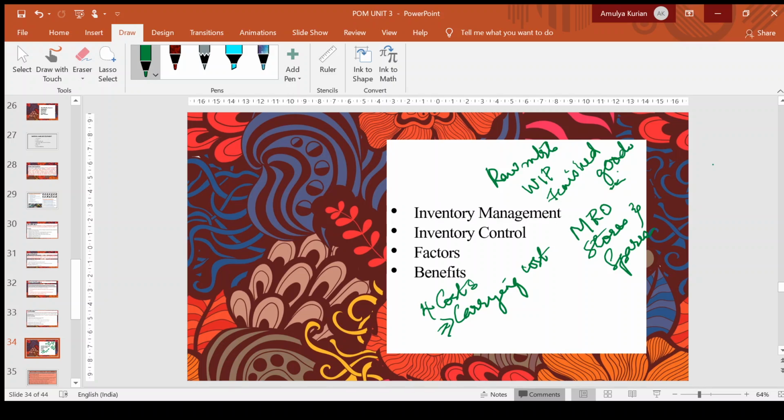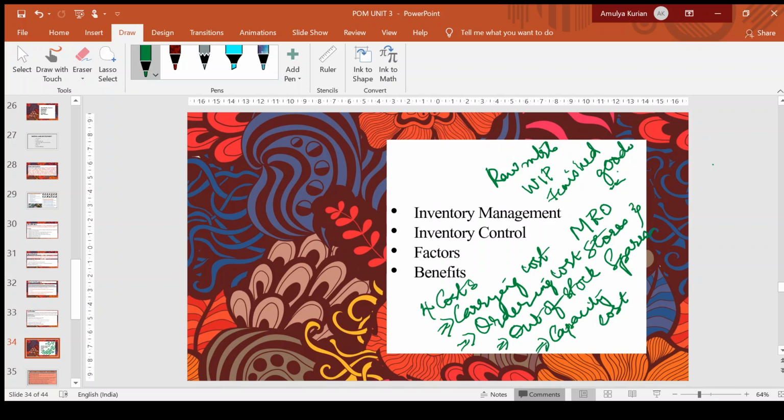Second one is called ordering cost. Third one, out of stock cost. What is it? We will be telling you. Then capacity cost.